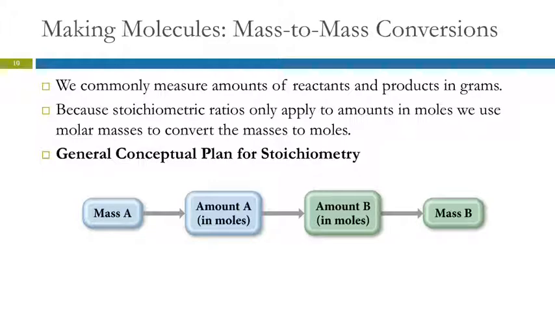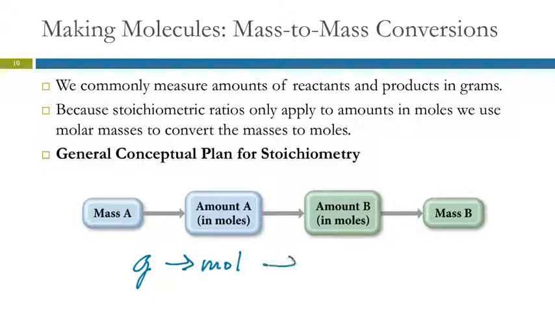Of course, we don't measure things in moles, we typically measure things in grams. And so we have to add some conversions onto what we just did. This is the general plan or path for stoichiometry.